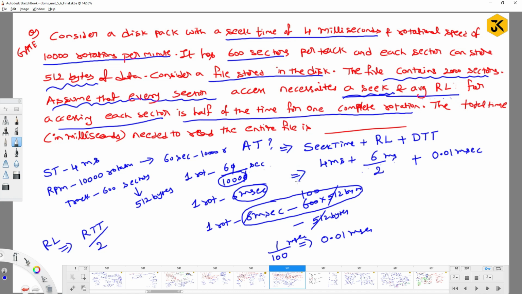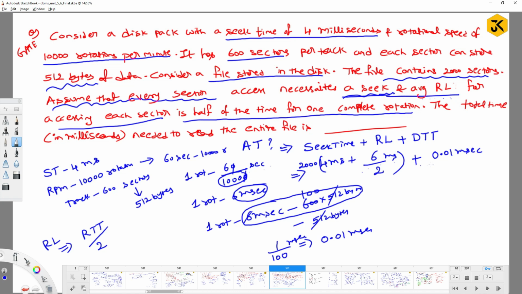Okay, now is this the answer? No, this is not the answer. Why not? We transferred data for only one sector, but our file is available at 2000 sectors. Each sector requires one seek time along with rotational latency.